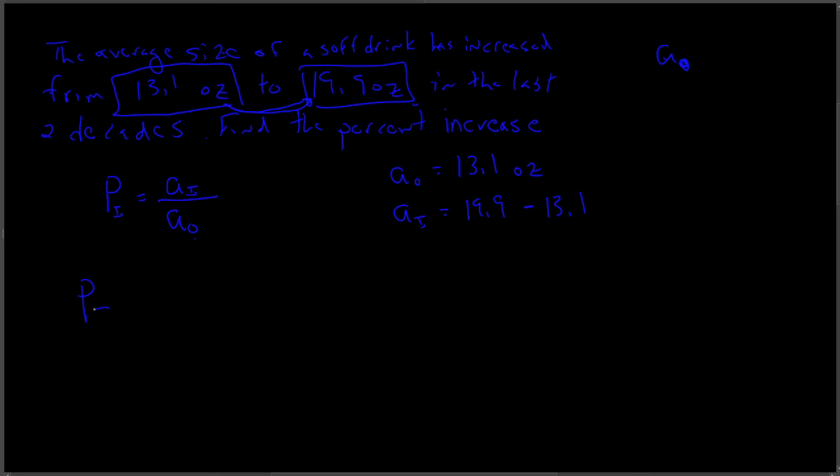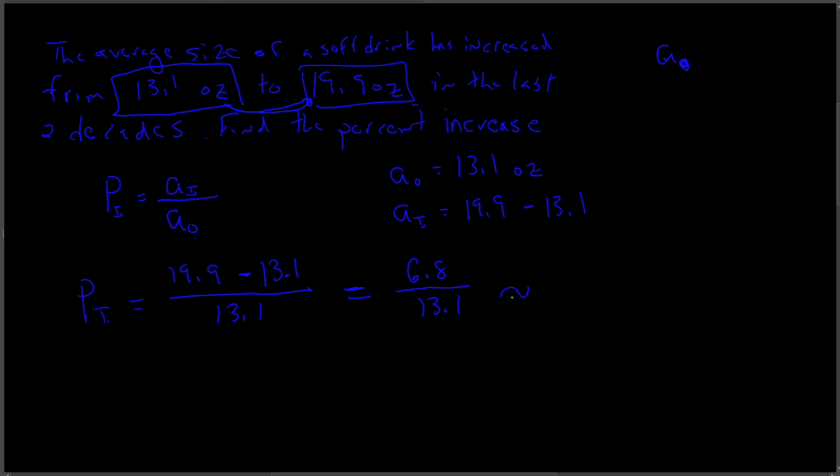So I can say the percent increase is 19.9 minus 13.1 divided by 13.1. Order of operations says I do the subtraction up top first. So that's 6.8, again running to the calculator, divided by 13.1.